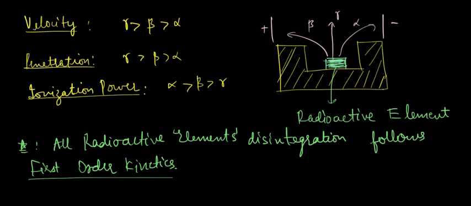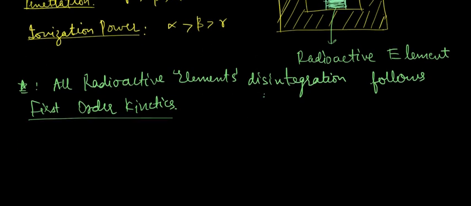Okay, next let us see a reaction of a radioactive element in which a radioactive element A converts into B plus C. A is a radioactive element.